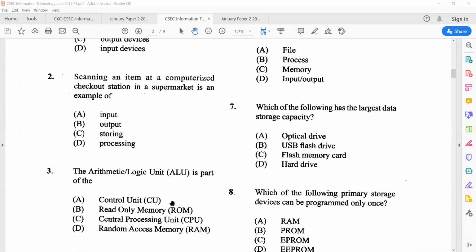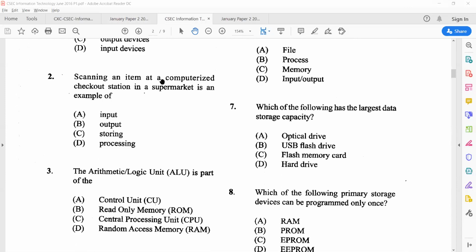Scanning an item at a computerized checkout station in a supermarket is an example of what? You have input, output, storing, and processing. Input, sir. A. Yes, so the answer is input.